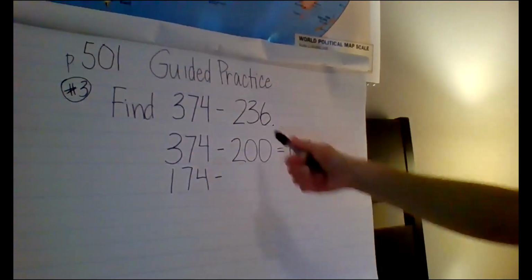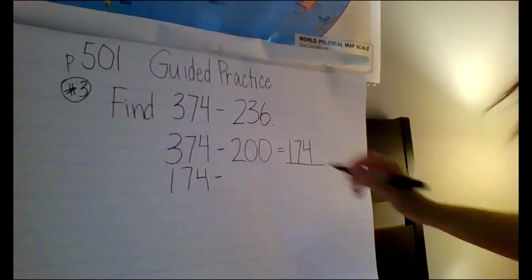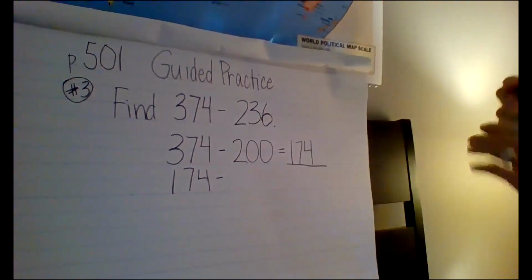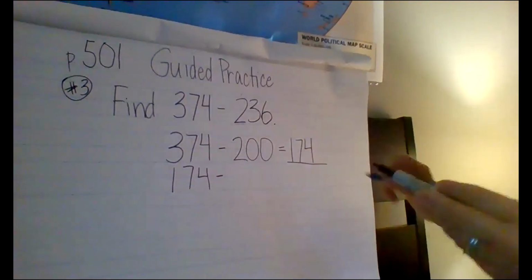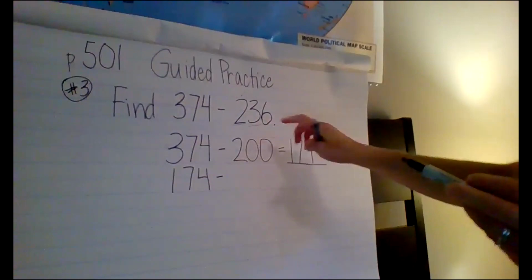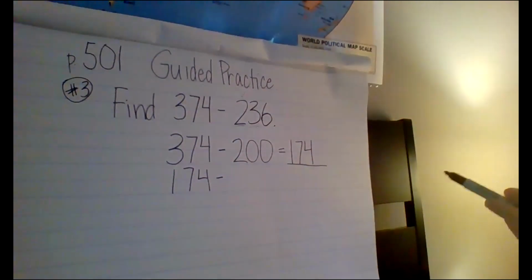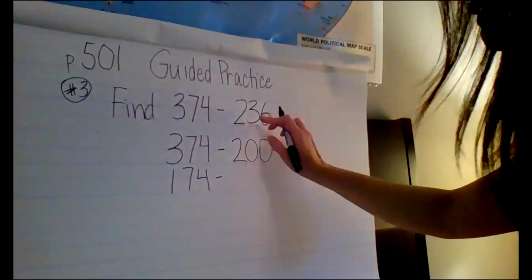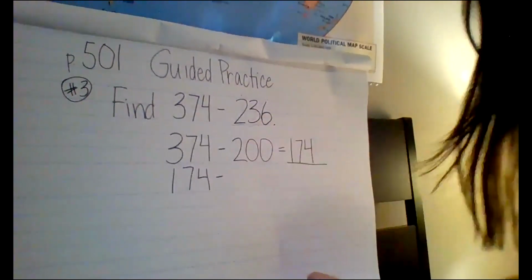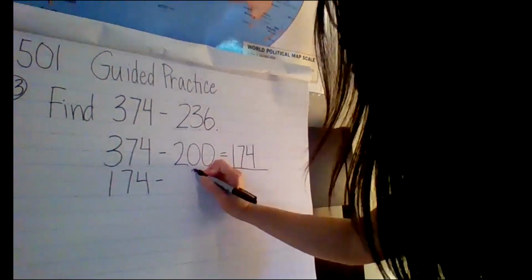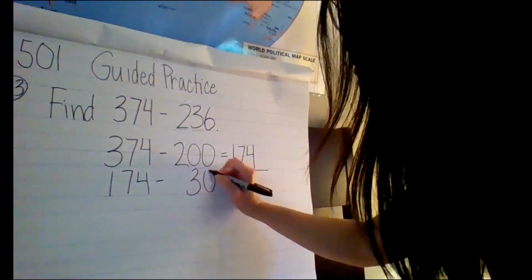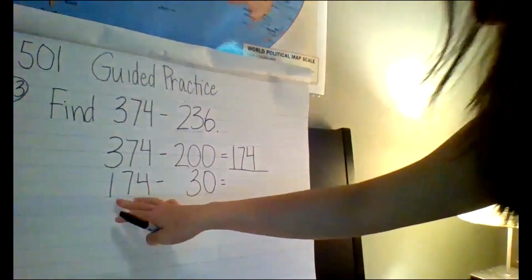Now remember, we went ahead and we subtracted the 200s. Now we need to take 3 tens away. So subtract 30. So 174 minus 30 equals how much?